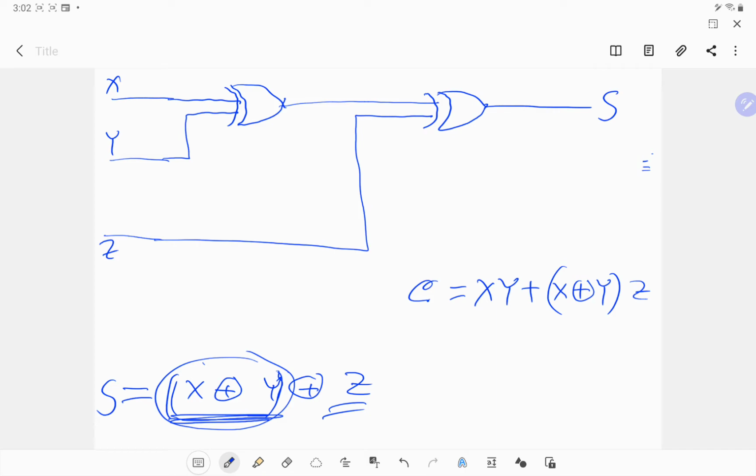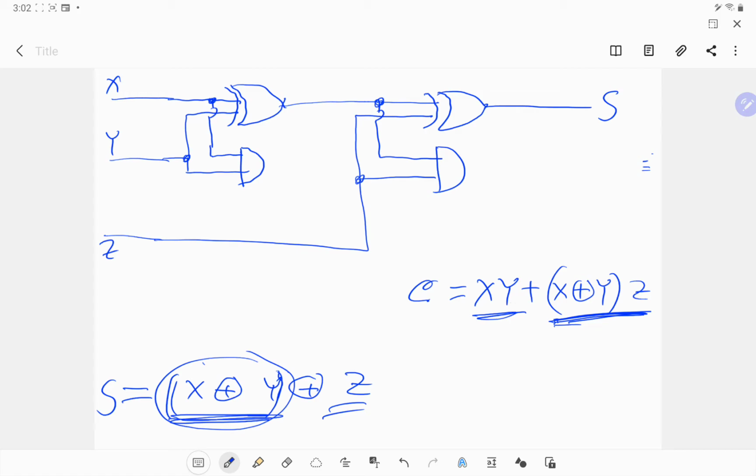For carry, let's find xy first. We need an AND gate, and the first input is x, the second input is y. Then for the second term, we need another AND gate: the first input is the x exclusive OR y, and the second input is z.